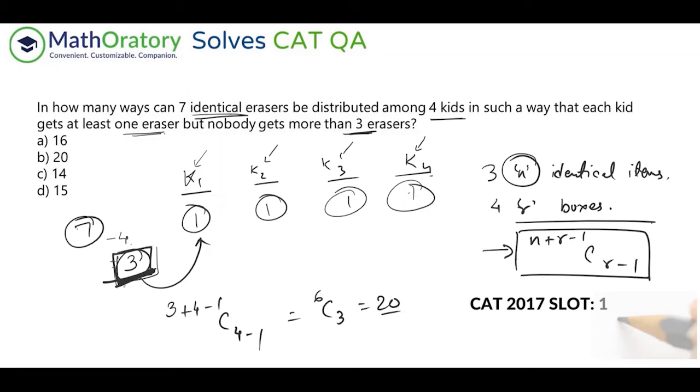How many such cases are there? Either all three erasers go to kid one, or kid two, or kid three, or kid four. Simply speaking, 4C1 cases. So these 4C1 cases must be taken out of the 20 cases. Essentially the answer is 20 minus 4, which is 16 allowable cases. So the answer is 16. That is option A here.